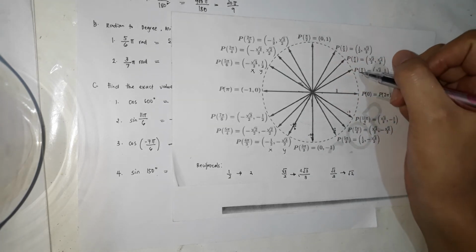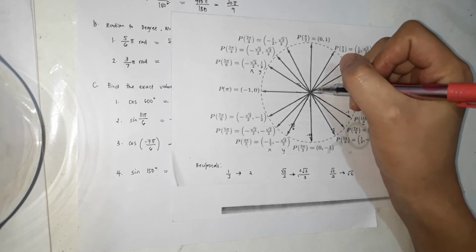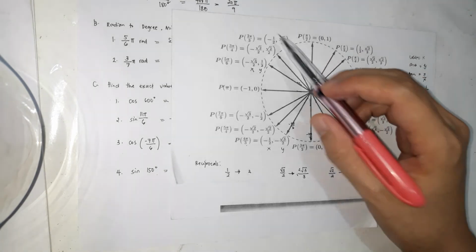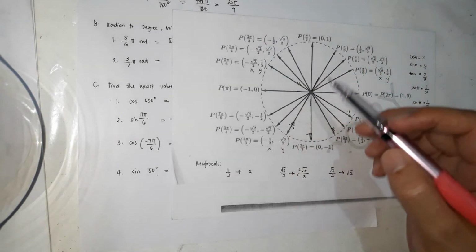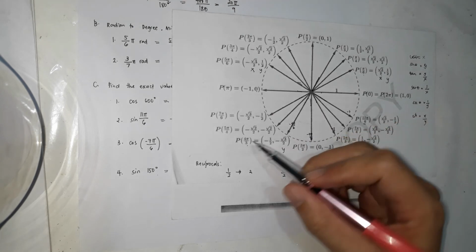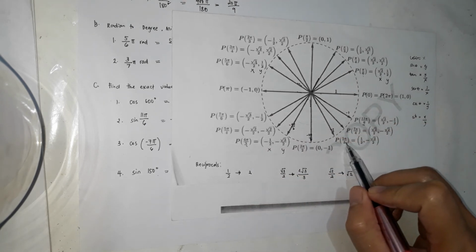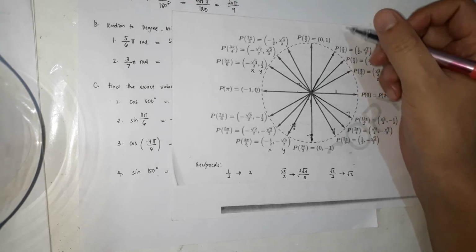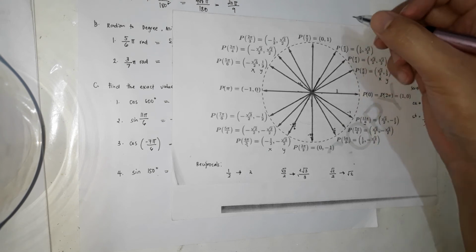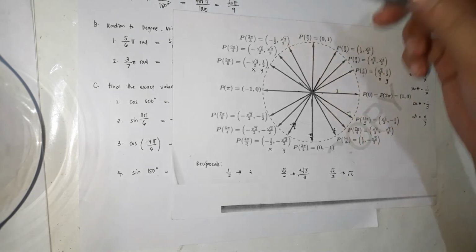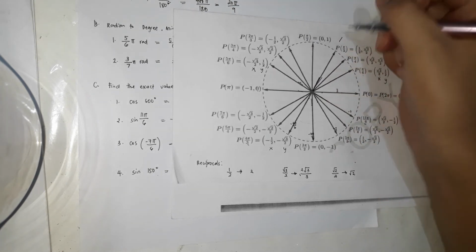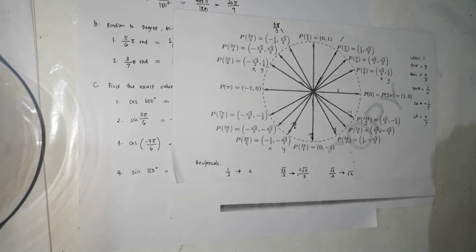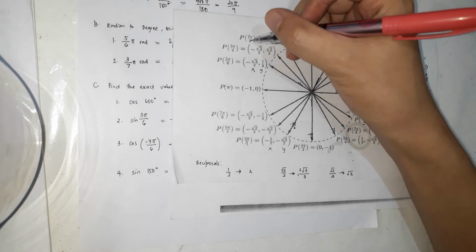So 8 pi over 3, divide mo by 3, so this is 1 pi over 3, 2 pi over 3, 3 pi over 3, this is 4 pi over 3, 5 pi over 3, so this would be 6 pi over 3, 7 pi over 3, and the last one is this one. 8 pi over 3. Because this is 8 pi over 3, dito mo kukunin ang sagot.